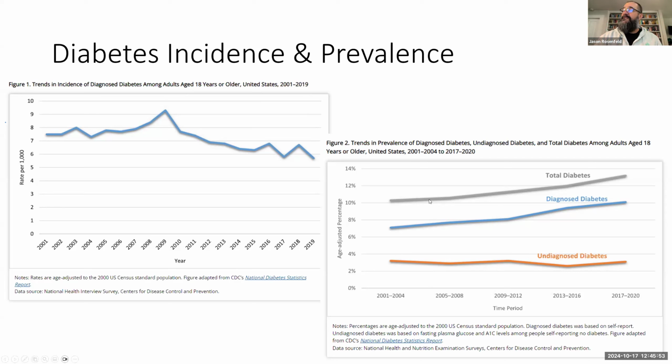But if our prevalence is going up, then what this shows us is that people are living longer with a diabetes diagnosis, right? So this is that counterintuitive piece that we want to think about, because what this shows us again is the number of people that have the condition. If somebody dies, then they no longer have the condition.